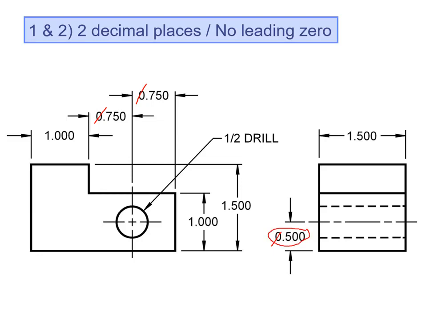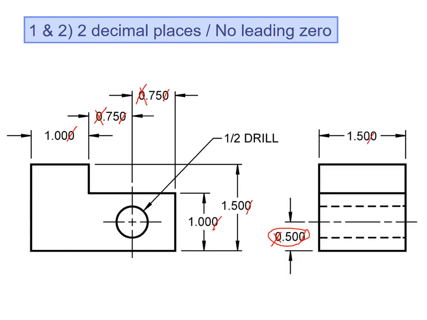But in this case, we're dealing with inches. So you do remove the 0 in front of the decimal point. And once again, since we don't need accuracy, we're going to get rid of the third decimal place for all the dimensions.